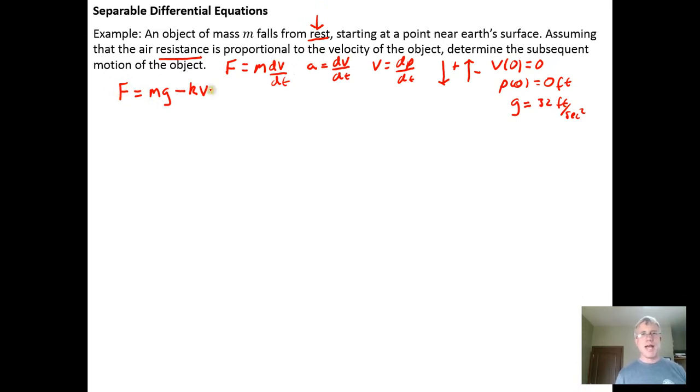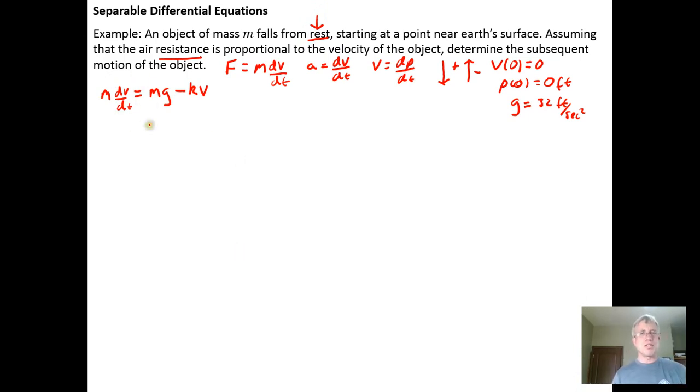On the right-hand side, I have the sum of the forces operating on the object: mass times gravity, and here I have air resistance. But I can replace force with mass times acceleration, or m dv dt, which is another way of describing force. So these two things both represent the total force operating on the object.